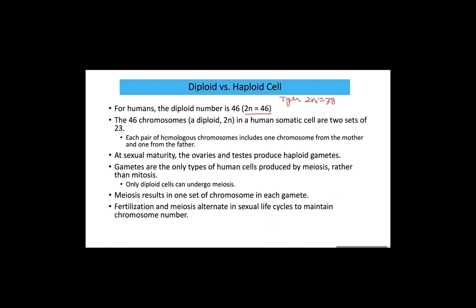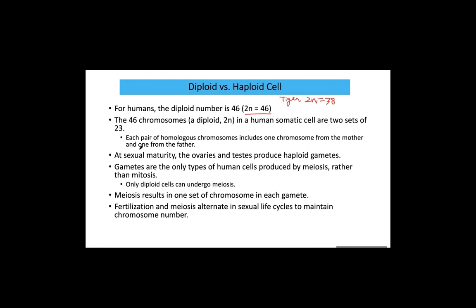Each pair of homologous chromosomes includes one chromosome coming from the mother, the other element of the pair coming from the father. At sexual maturity, the ovaries and testes produce haploid gametes. The gametes are the only types of human cell produced by meiosis rather than mitosis.